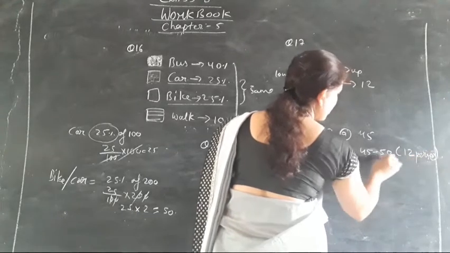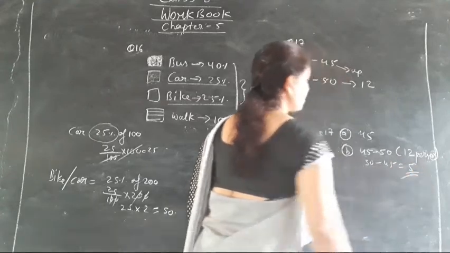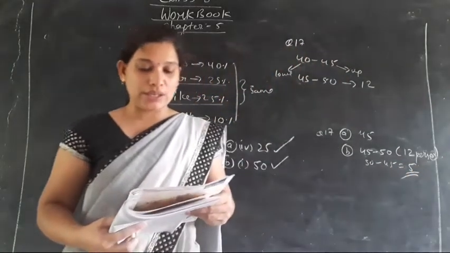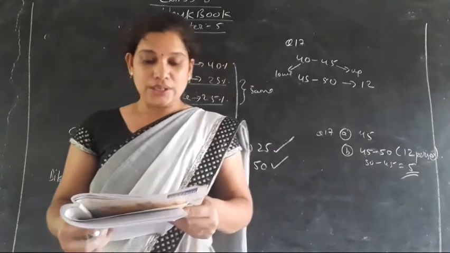So the size of this will be 50 minus 45, so it will be equal to 5. So the answer will be like this. You have to write the answer like this, solve it this way and write 5, okay. Class size has been asked.